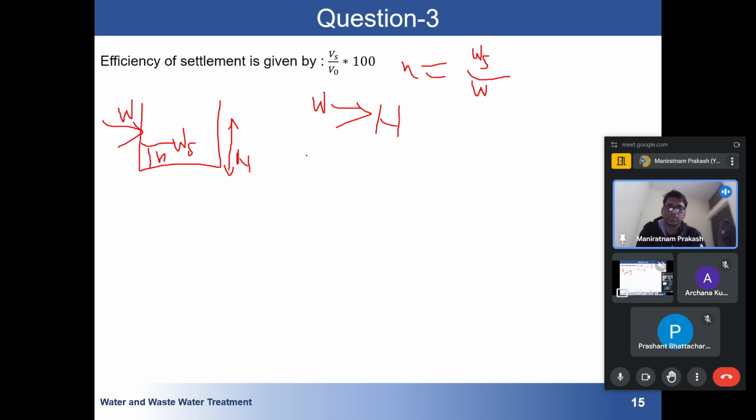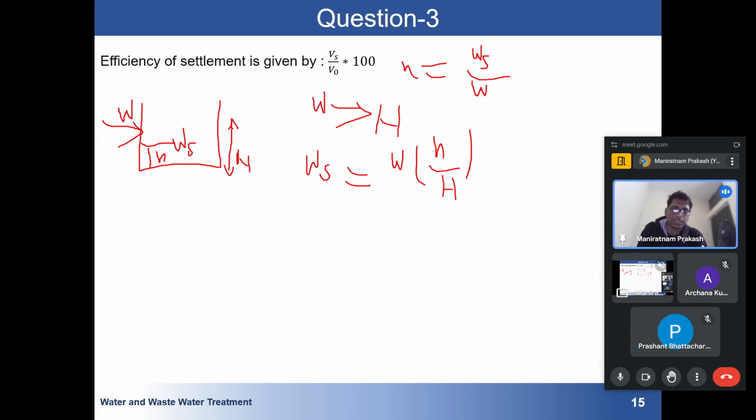And this Ws, that is small Ws, if we want to write it in terms of h, will be W times small h by capital H. I hope you have got this thing.